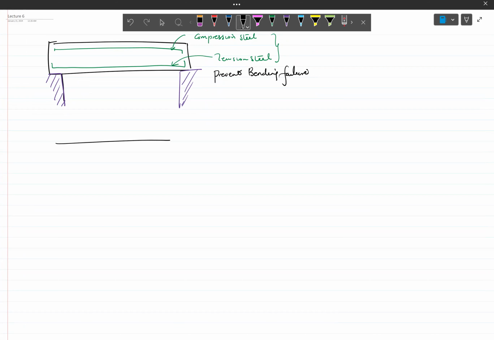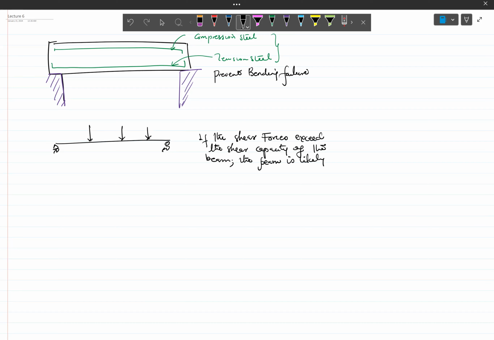So sometimes if you have a beam and you have, let's say, a series of concentrated loads on the beam, if the shear forces coming from these loads exceed the shear capacity of the beam, the beam is likely to fail.